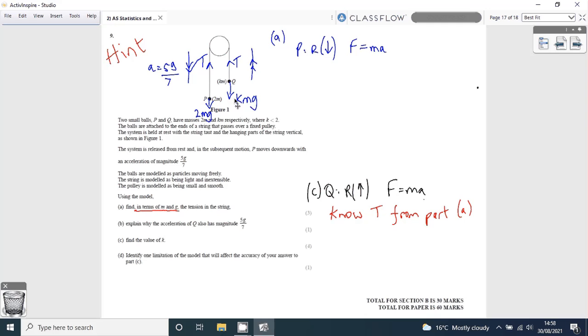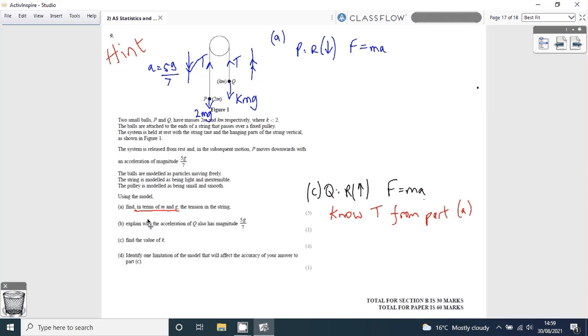Always remember that the tensions are both going upwards towards the pulley. We're accelerating downwards on the left and upwards on the right at the same rate, because they tell us that k is less than 2. So P is heavier, so it's going down on the left and up on the right.